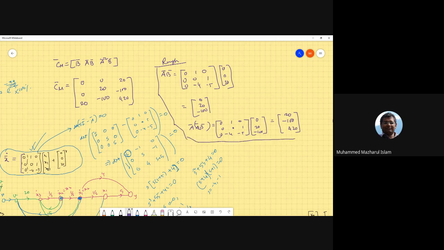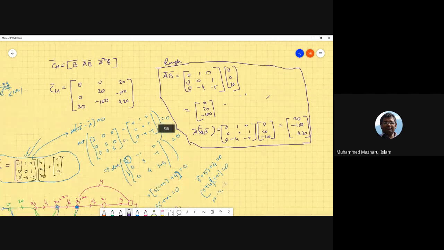You cannot just say that I got it from my calculator. At least write the matrices. Then even if you get the result from your calculator, that's okay. So you can say that from calculator. You actually don't need a calculator. It's easy to calculate. But anyway, you have to show the rough work.